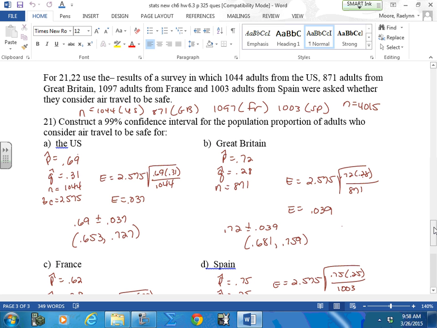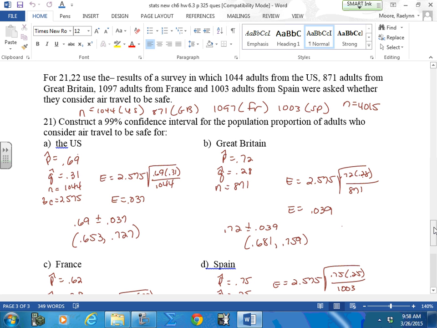They gave us an N so that we knew what the N was for each one. So for instance, for the United States, you look at your chart and it was 0.69 who said they would consider travel to be safe. And then you worked it out of 1,044 adults they surveyed. So they gave you the information for each one.